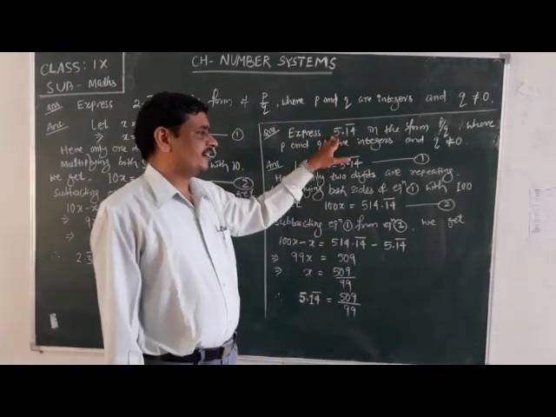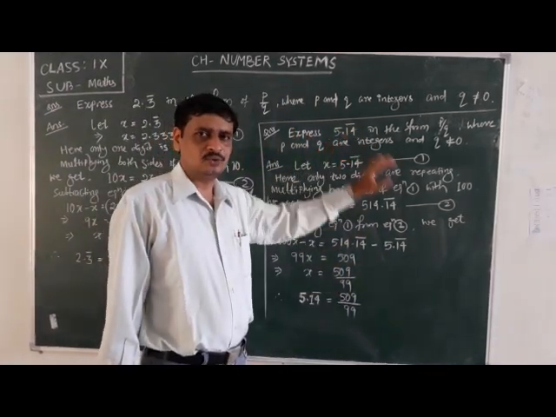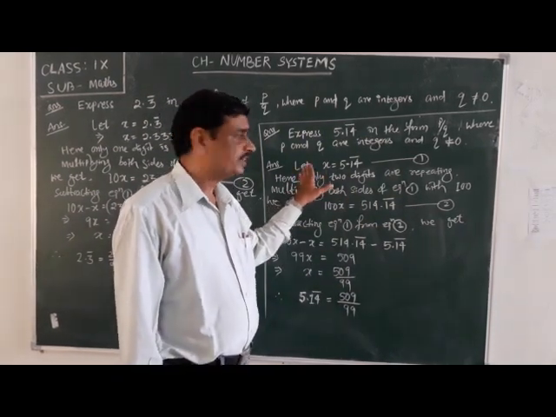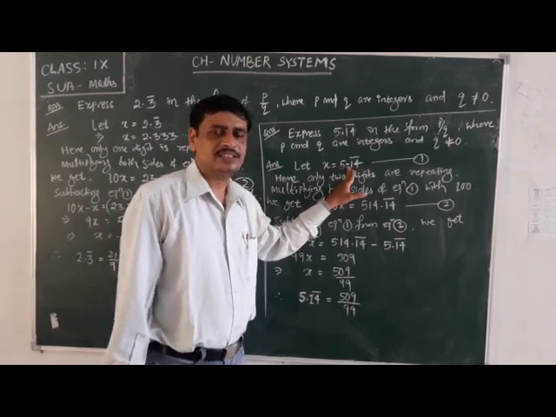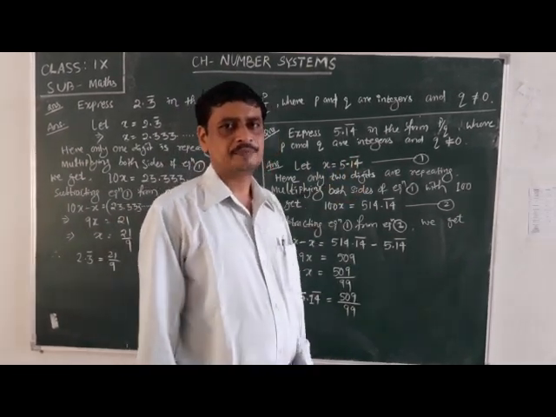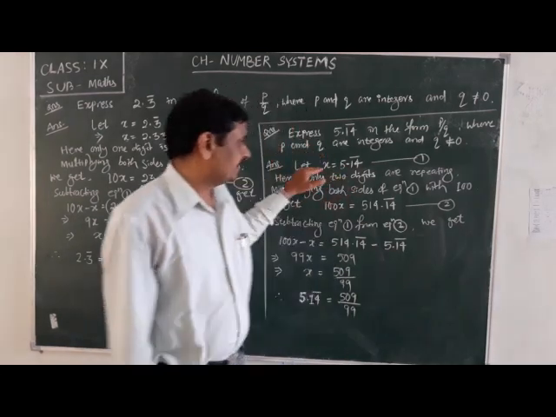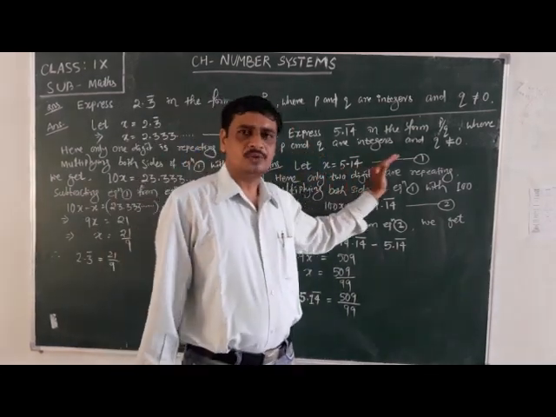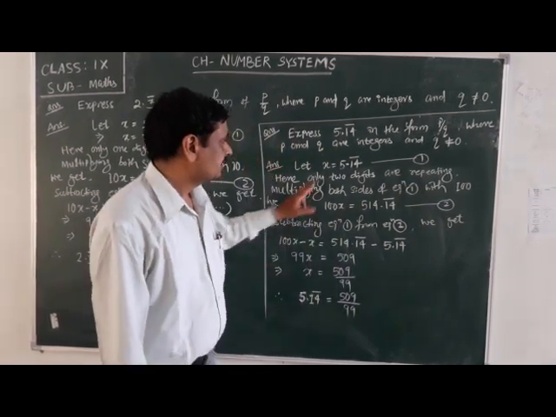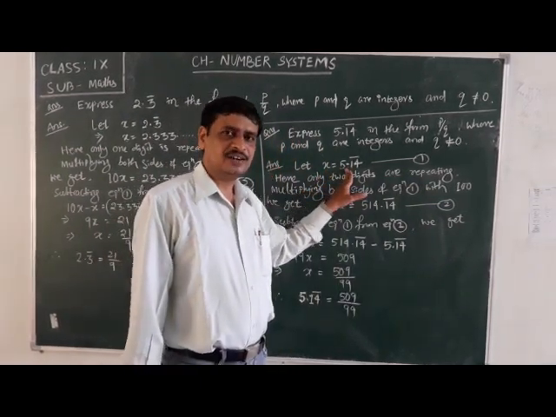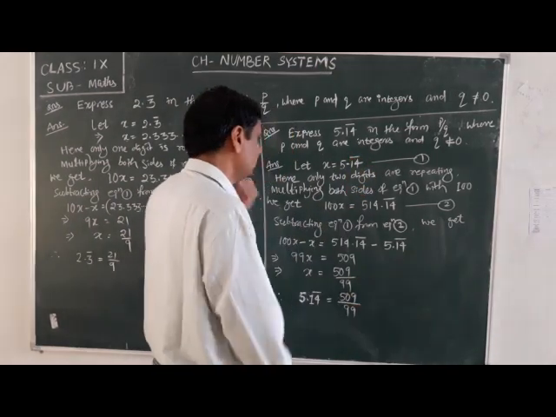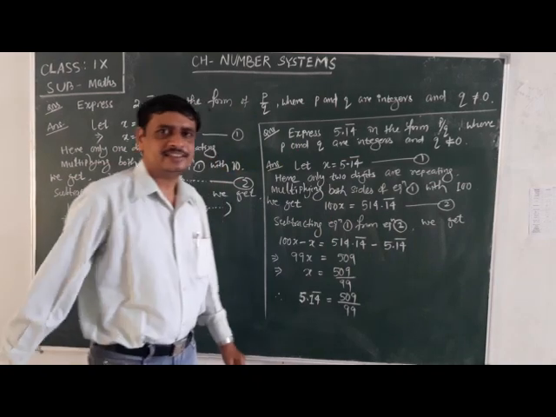We have to consider this 5.14 bar as x. Let x equal to 5.14 bar. The bar is present over 1 and 4. We can read it as 5.141414. These 1, 4 are repeating here. Since x equals 5.14 bar, the decimal part has two digits that are repeating.